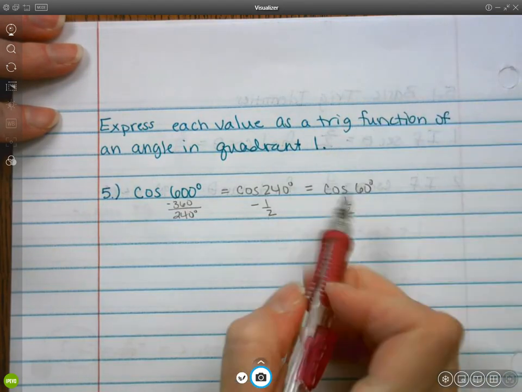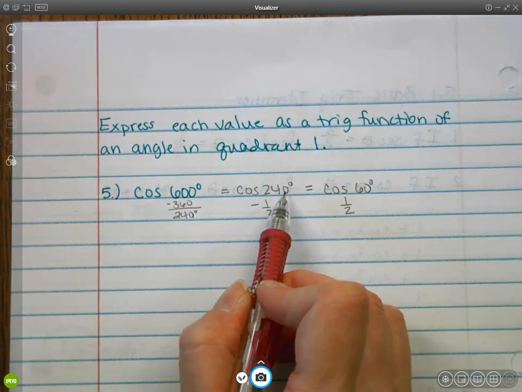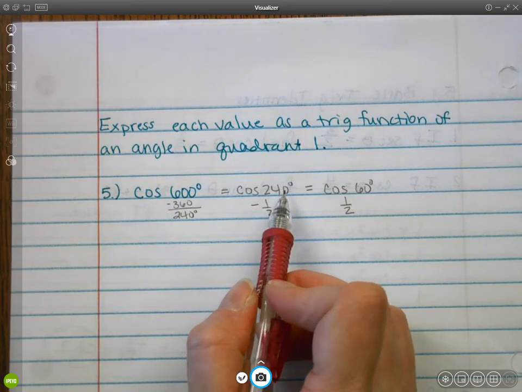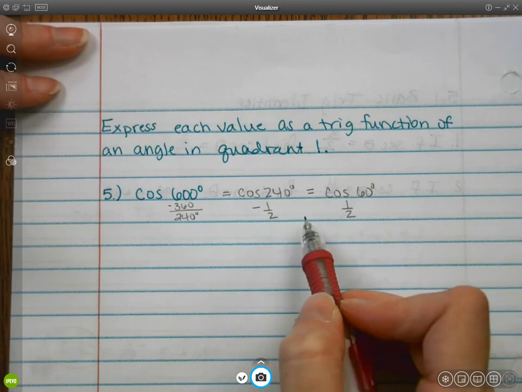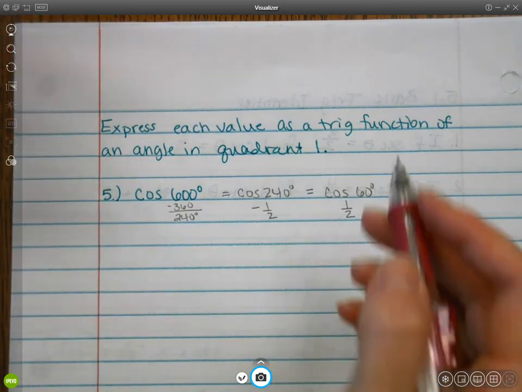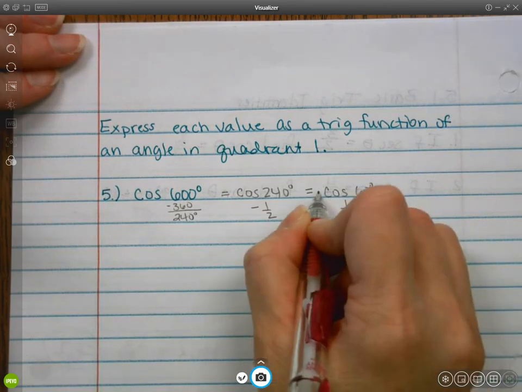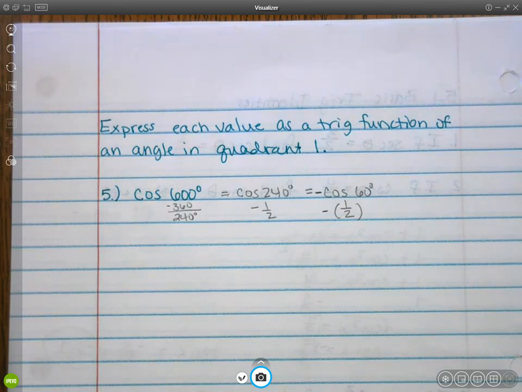Now the good thing is 60 and 240 are reference angles. 240 is in quadrant 3 and it's 60 degrees away from the x-axis, so that's how you know this angle if you don't know your values on the unit circle. And since this is +1/2, we have to put a negative out front to make it the same value.